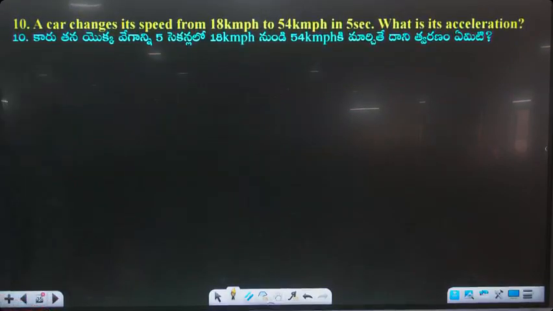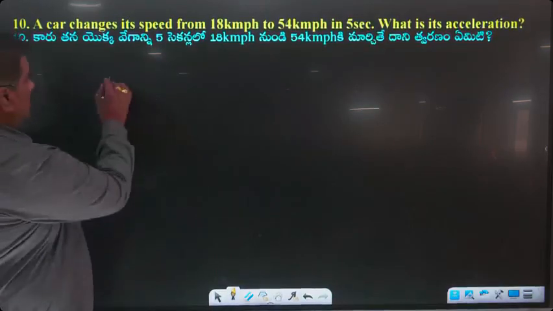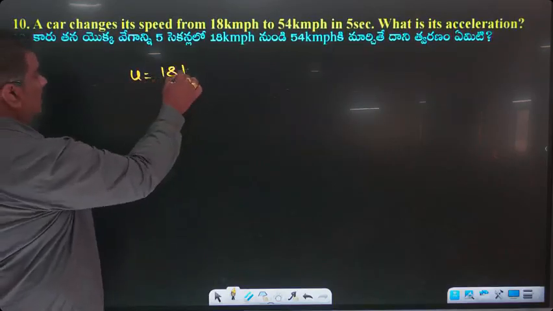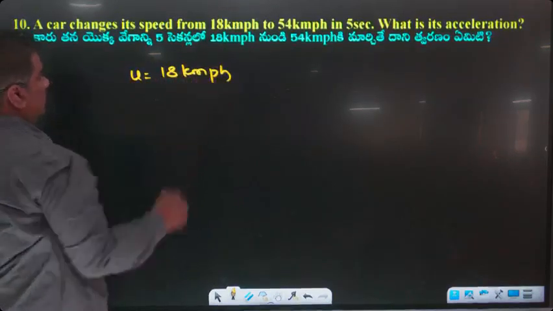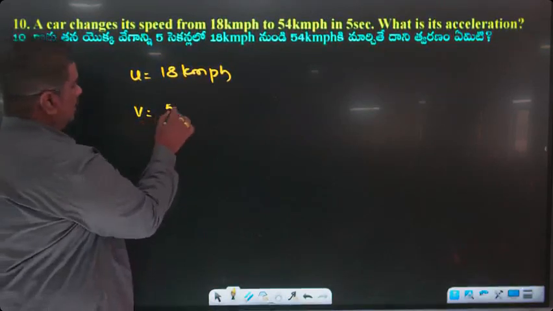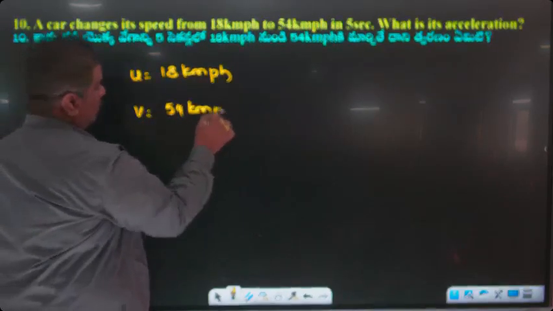A car changes its speed from 18 kilometers per hour to 54 kilometers per hour in 5 seconds. What is the acceleration? Here the initial velocity u equals 18 kilometers per hour and the final velocity v equals 54 kilometers per hour.